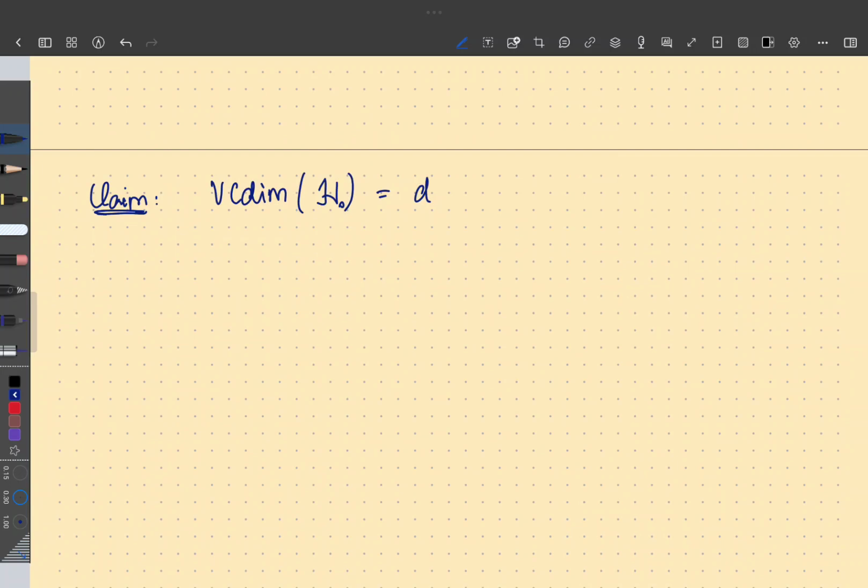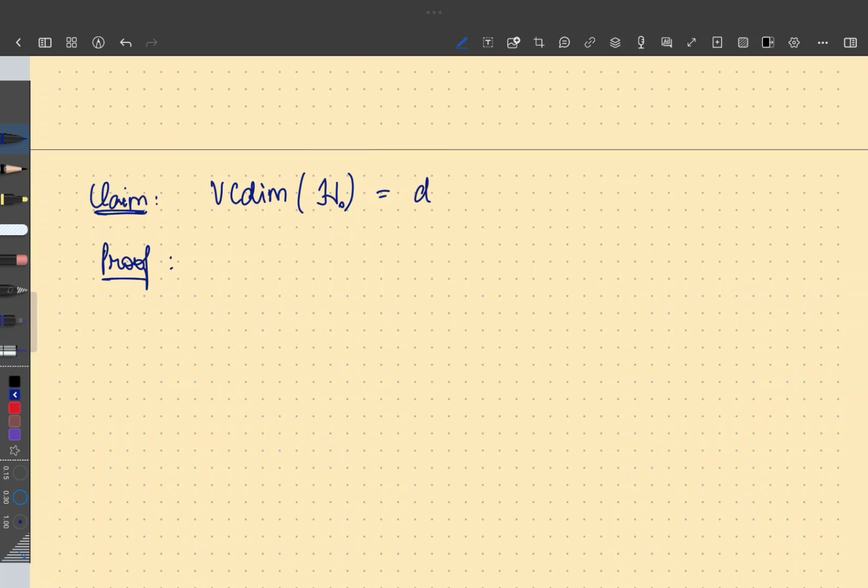And then we also have to show that no matter which collection of D plus 1 points you take, this is not shattered by H, or in this case H naught. So first we want to find a set of size D which is shattered by H naught.